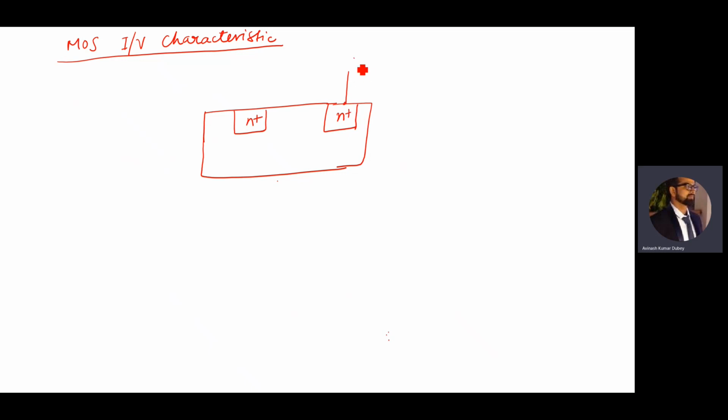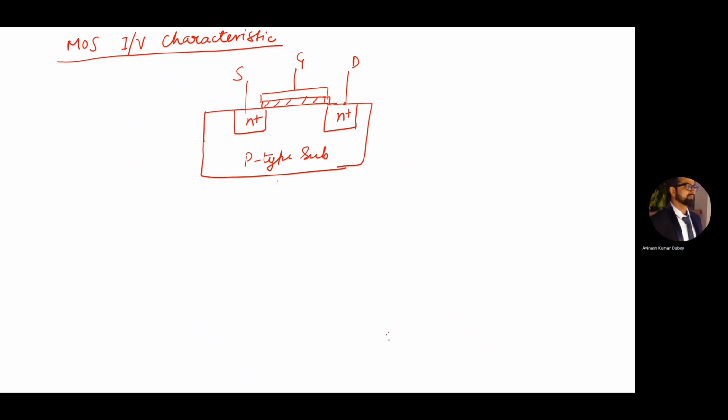This is our drain terminal, and here this is our oxide, and this is our polysilicon, and the gate terminal is connected here, and here the source terminal is connected. So this is a P type substrate.